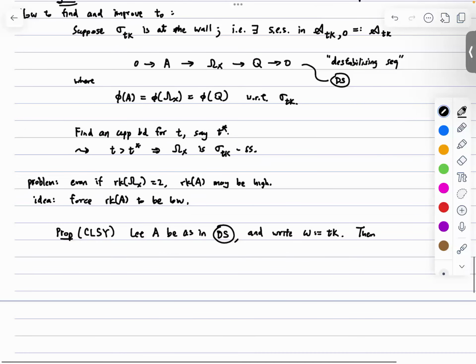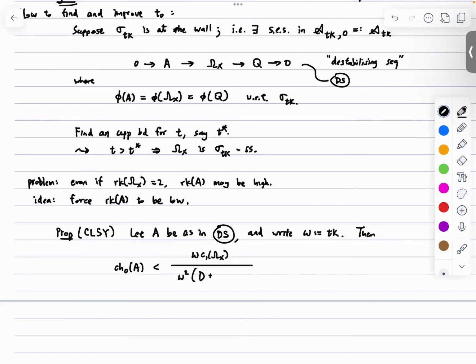Then we can find an upper bound for the rank of A, given by omega times the first Chern class of the cotangent bundle over omega squared times D plus the square root of D squared plus 1.